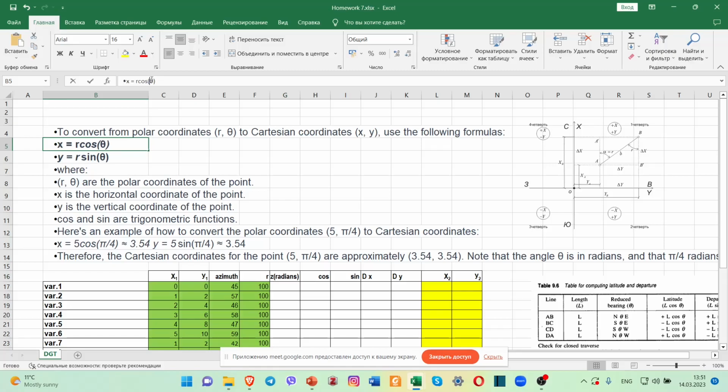In any case, the assignment is very easy.